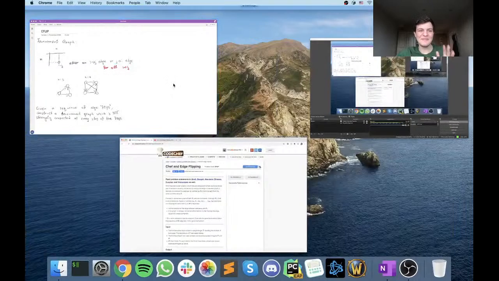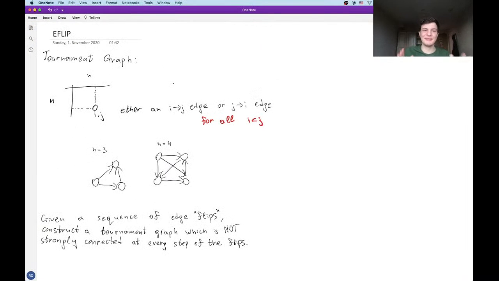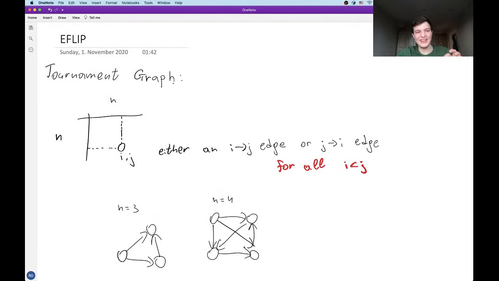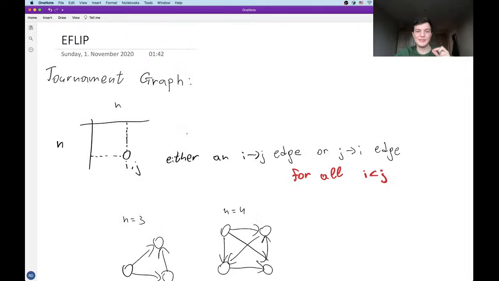All right, so basically, first of all, we need to explain what a tournament graph is. Imagine you have a complete graph, and now you choose the direction for every edge. Formally, a tournament graph is a definition that's used quite often in computer science.